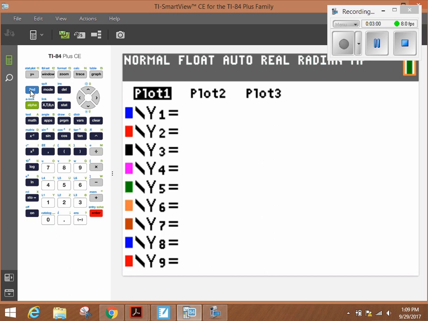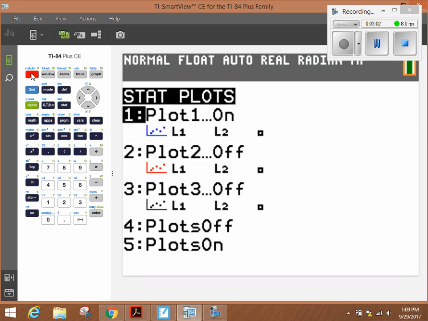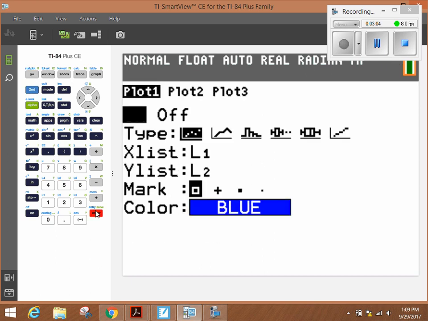Another way to do that is go to second, stat plot, and hit enter on 1 and make sure that that's turned on. We also need to make sure that our scatter plot is turned on. Our X list is L1, and our Y list is L2. I like the color blue. If you want a different color, that's fine. I think blue is kind of easy to see.